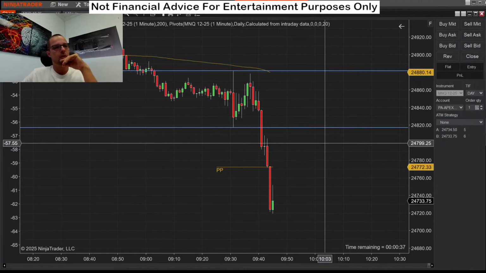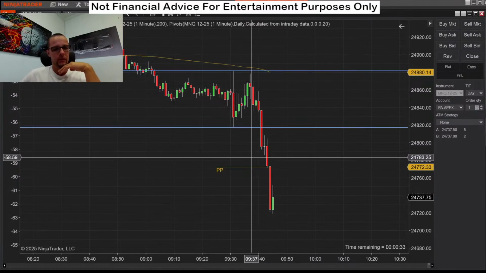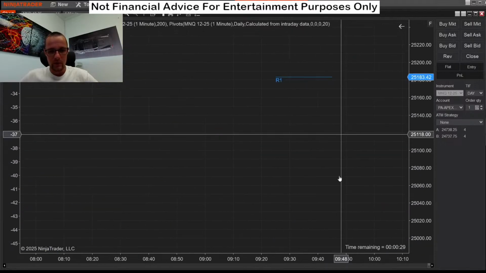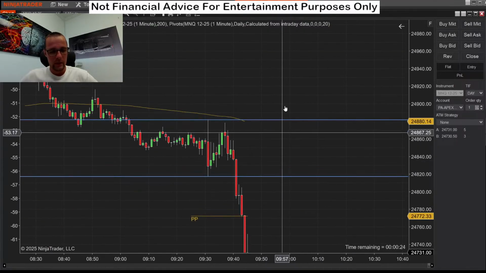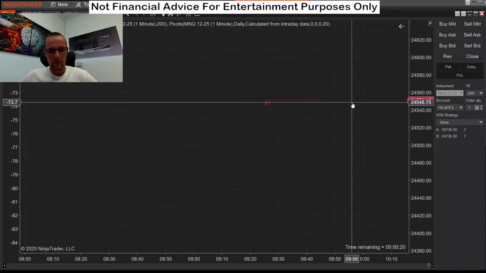What do you mean when you say pivot point? It's a pivot point indicator. It just plots out pivot points. Here's a pivot point right here, and to the downside, there's one right there, and another one down here.